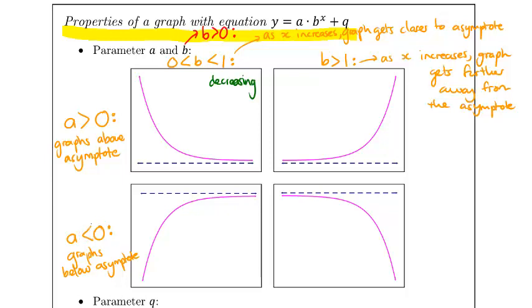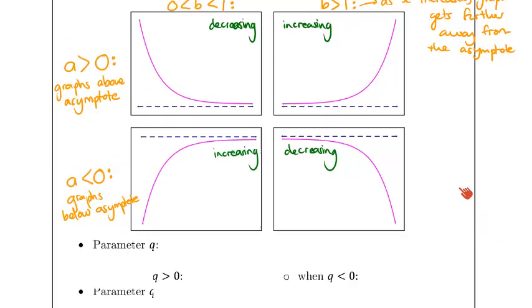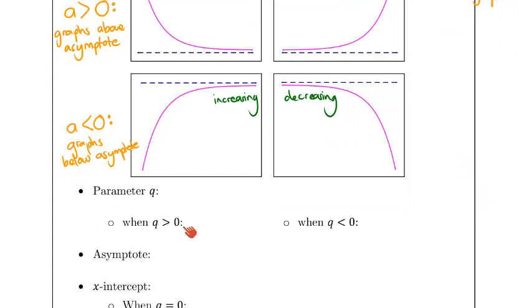Whereas if a is less than 0 and b is between 0 and 1, then we will end up with an increasing function over here. Whereas it's sort of the opposite over here, guys. Here we end up with an increasing function when you have a greater than 0 but b greater than 1, whereas here you end up with a decreasing function when you have b greater than 1 but a less than 0 over there. And this is all in comparison to the asymptotes that we have. Okay, there we go. So how about what we had over here?